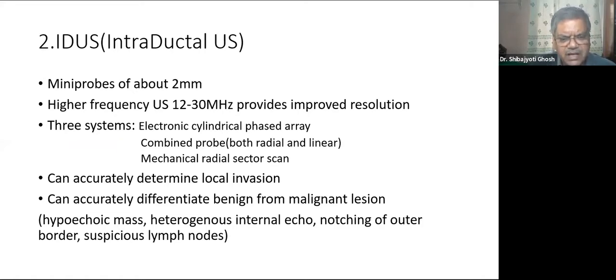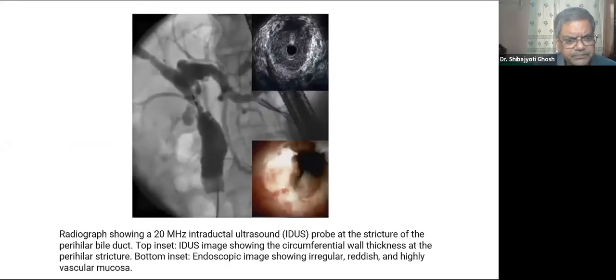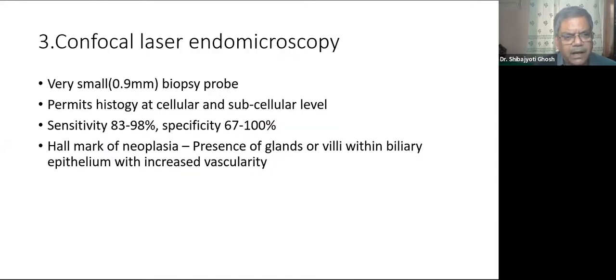So intraductal ultrasonography is another investigative modality which is used in certain institutions. And this one, we have been hearing about this investigation for almost the last 5 to 10 years, but however, I don't think this is very popular.